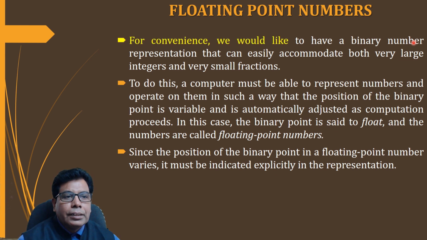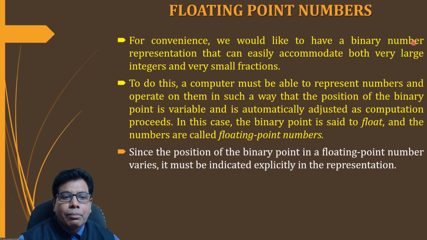For convenience, we would like to have a binary number representation that can easily accommodate both very large integers and very small fractions. To do this, the computer must be able to represent numbers and operate on them in such a way that the position of the binary point is variable and is automatically adjusted as computation proceeds.